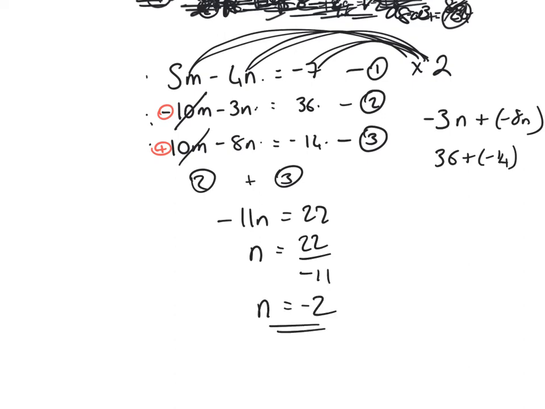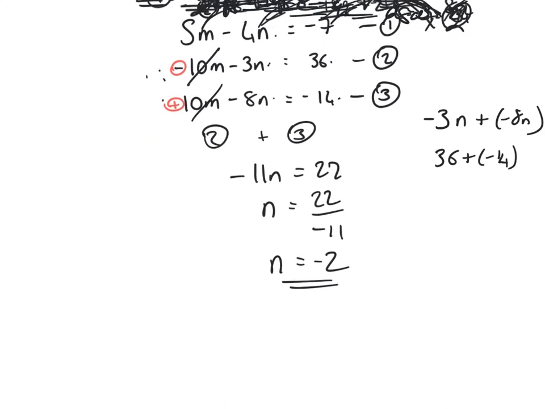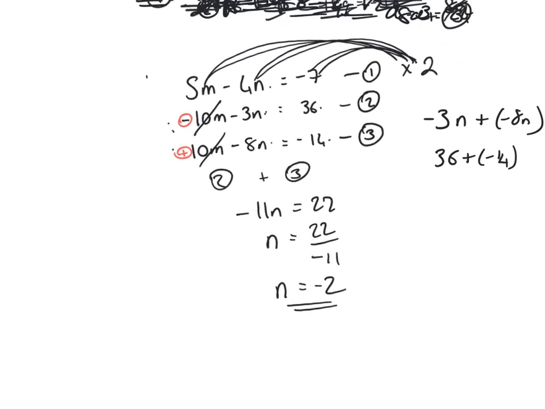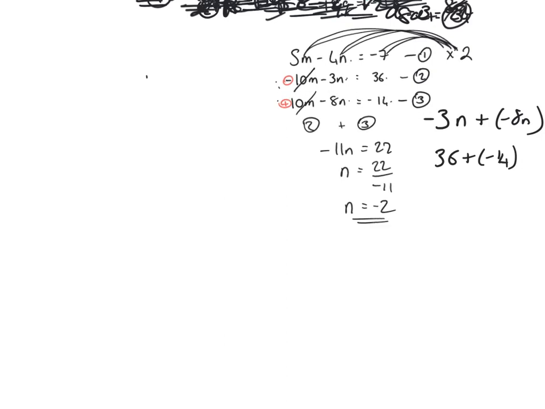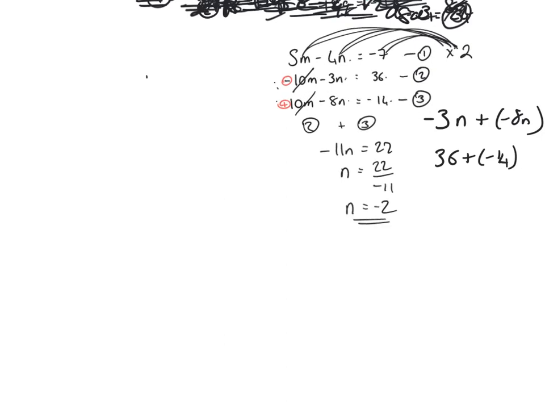I'm then going to take that n equals minus 2 and sub it into one of the equations, and I'm going to sub it at random into equation 1. So in equation 1, where I see n, I'm going to replace it with minus 2. So it will be 5m minus 4 lots of minus 2 equals minus 7. 5m plus 8 equals minus 7.